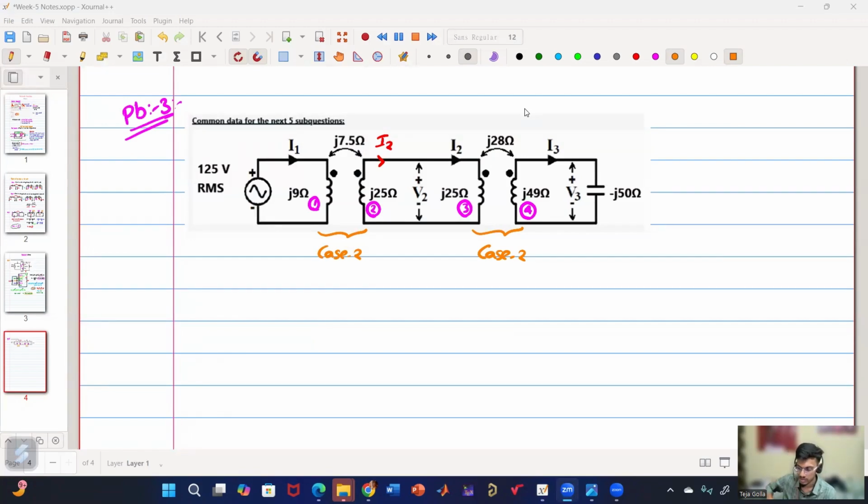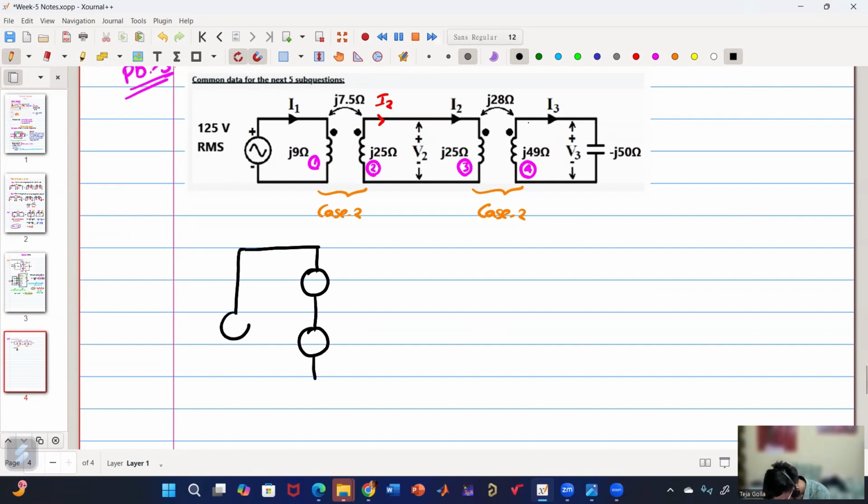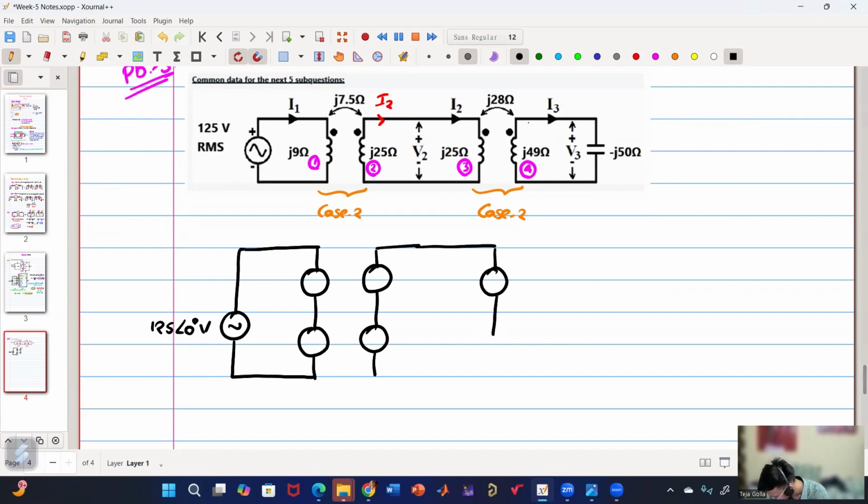Yes. So first, I'll draw the voltage sources. Then I'll start entering the values. Here we'll have 1, 2, and this is the AC source, 125 angle 0 degrees volt.